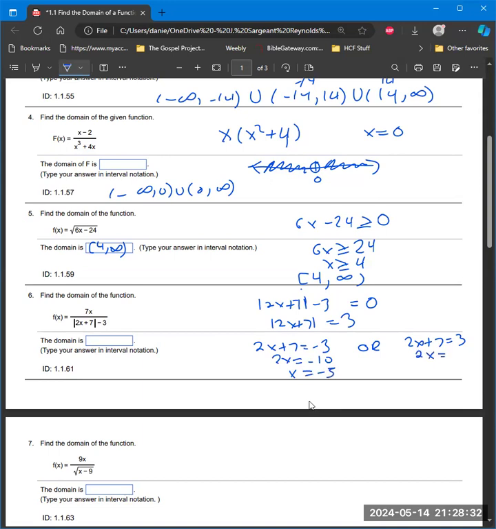Or 2x is equal to -4, meaning x is -2. So those are numbers that I need to restrict, -5 or -2, and it's allowed to be everything else. So that would be negative infinity to -5, union -5 to -2, union -2 to infinity.